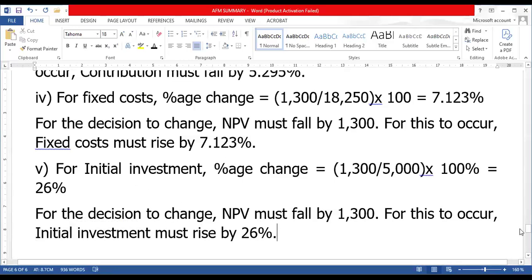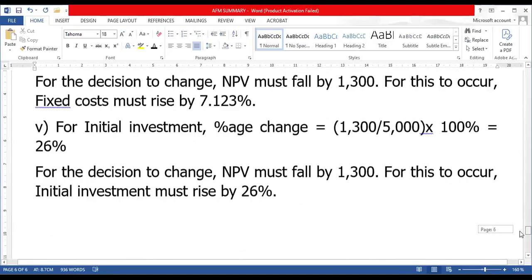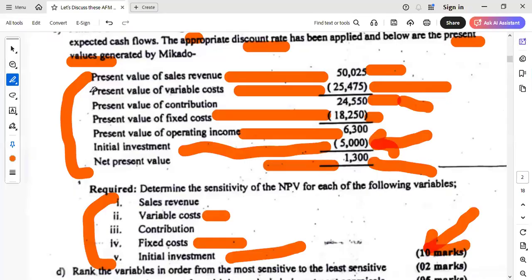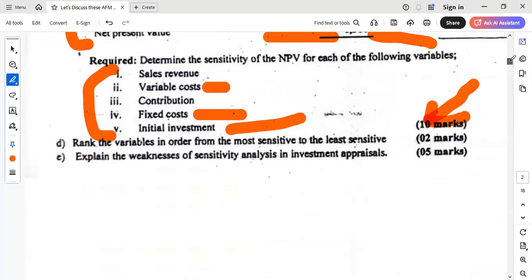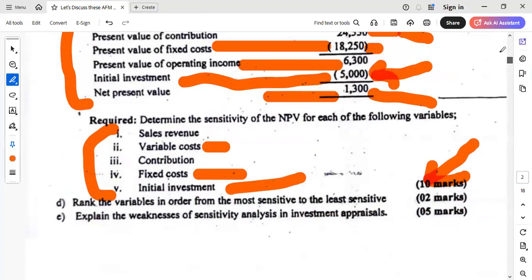You can score these marks within 20 minutes or just 15 minutes, because you'll be writing without thinking a lot. But you need to be aware that the examiner knows that these things are very easy, so they will always put some theory to disturb accountants. Some of us are not all that perfect. We know calculations very well, but we miss out on the theory.